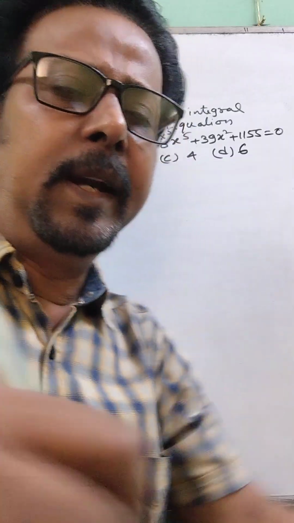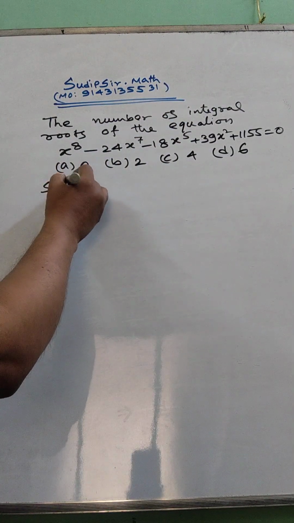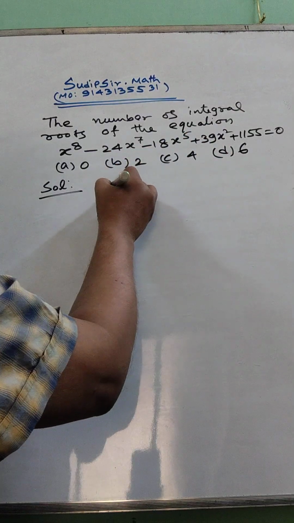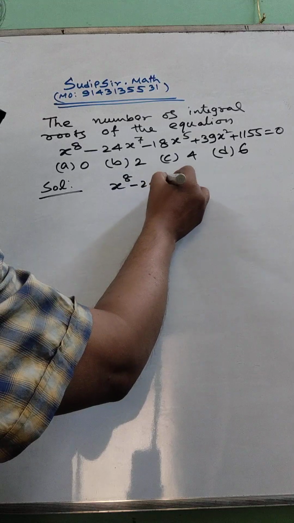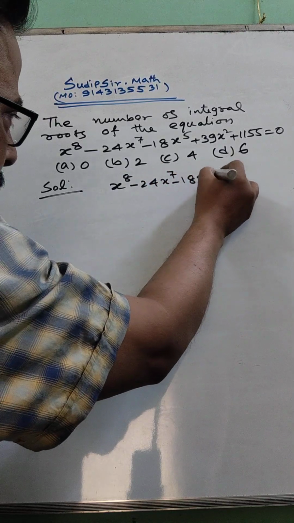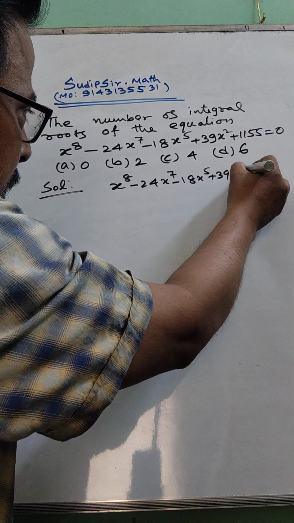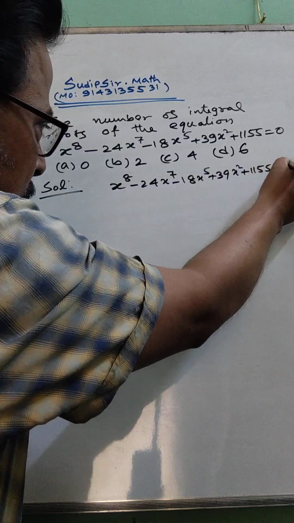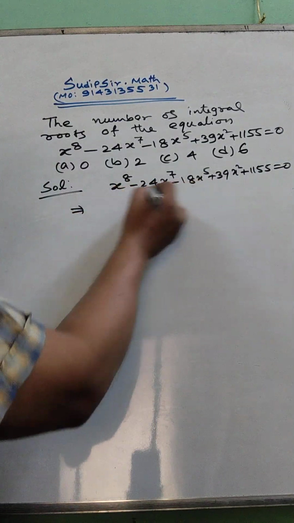Okay, let's check. So it is given x to the power 8 minus 24 x to the power 7 minus 18 x to the power 5 plus 39 x square plus 1155 equal to 0. Now we can take x square common from this.